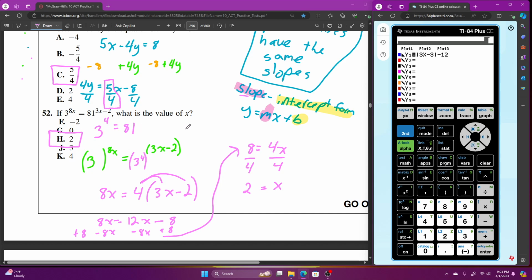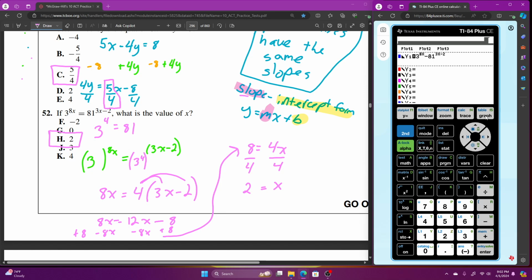Even though this is not a graphing question, I can still put this as 3 to the power of 8x minus 81 to the power of 3x minus 2.